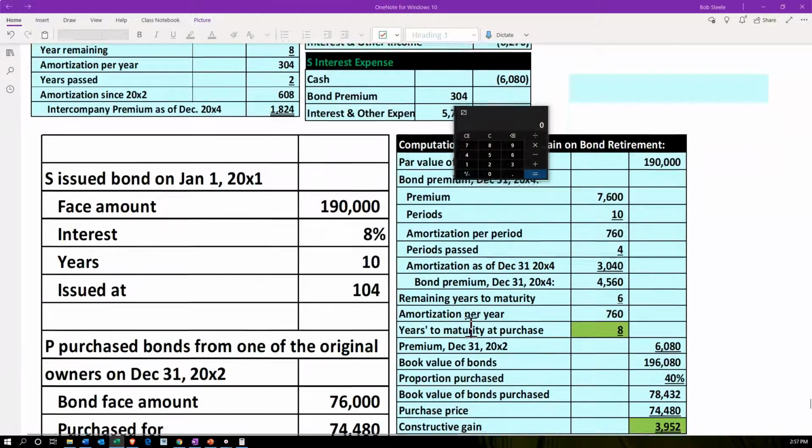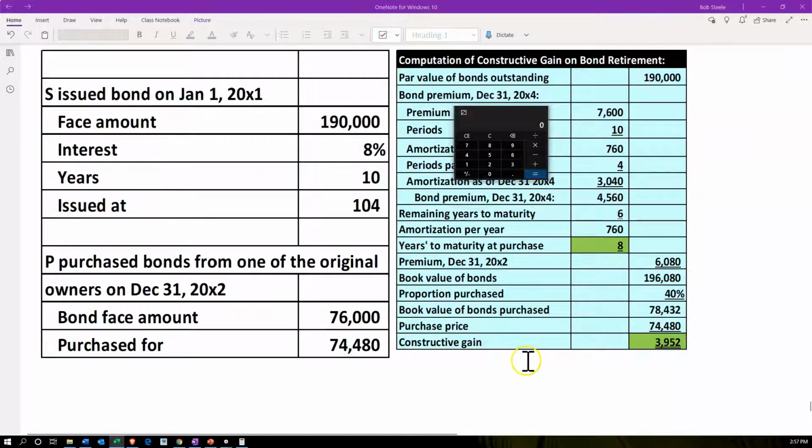Now you might be saying, okay, where did that amount, that 3,458, come from? Notice that it's part of the difference when we calculated this constructive gain, the constructive gain of 3,952. So in essence, if we take that 3,952 and subtract the amount that we had for that adjustment, the 3,458, we're going to get the 494, which is one period's amortization of this constructive gain.